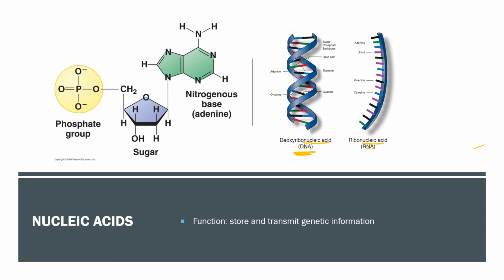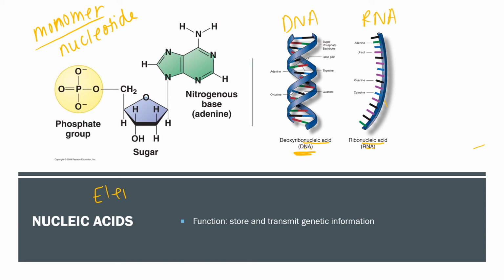They are nucleic acids. Okay, here's your monomer of a nucleic acid, the one building block. All right, we call that a nucleotide. All right, and then the polymer is the actual nucleic acid, so either the DNA or the RNA.